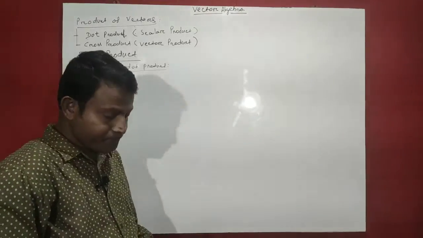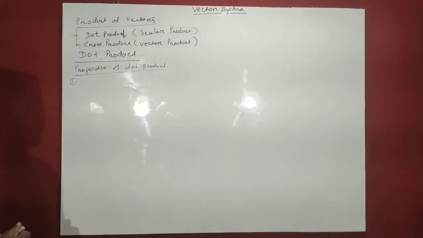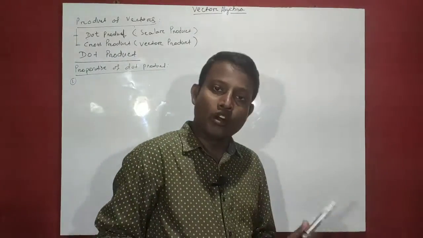First property is: dot product is commutative.